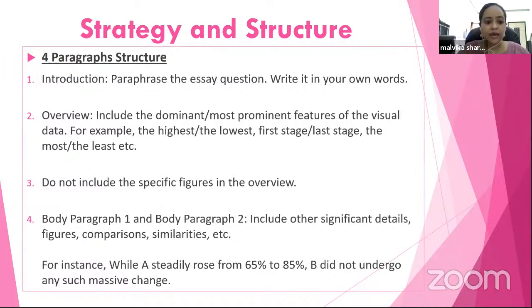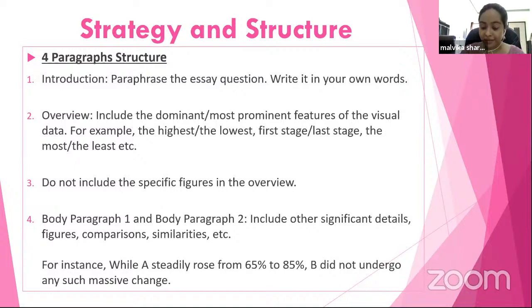Second thing, that is usually an overview. So after introduction comes the overview. What is overview? It usually has all the striking features, the most prominent features, the things that you can just have a look at the data and you can understand. Something would be the highest, something would be the lowest.